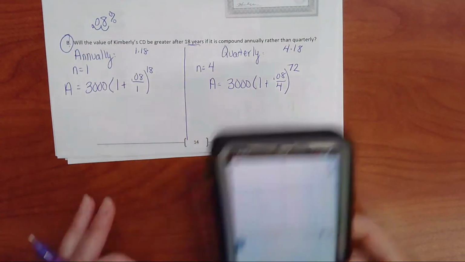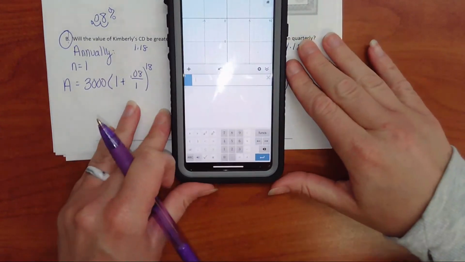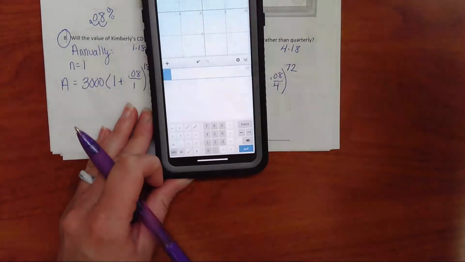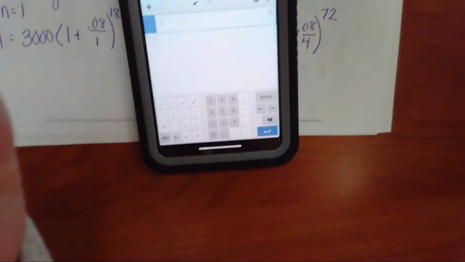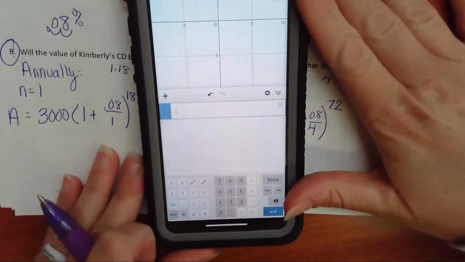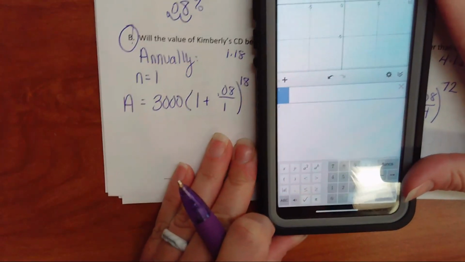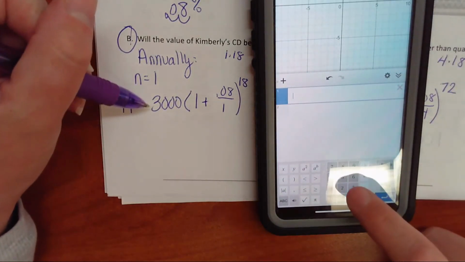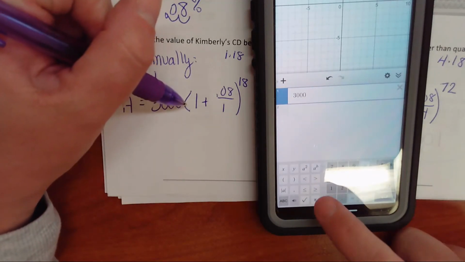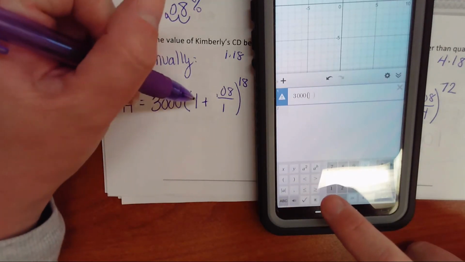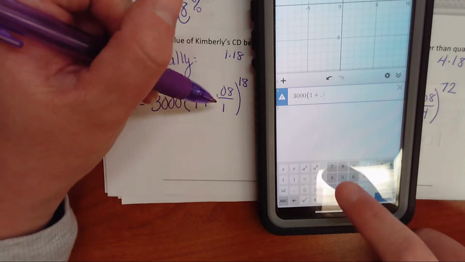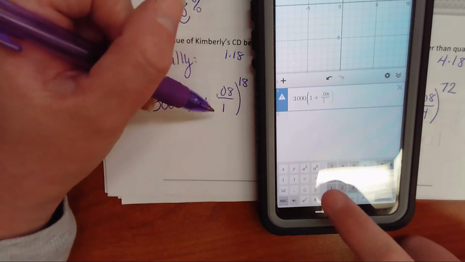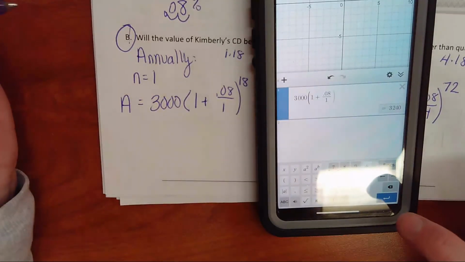So let's take a look, and I want to show you how to plug this in. We are going to do 3,000, parenthesis, 1 plus 0.08 divided by 1, get out of the parentheses, and then the exponent, 18.